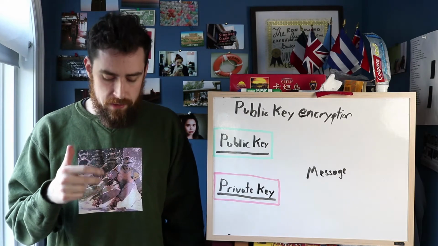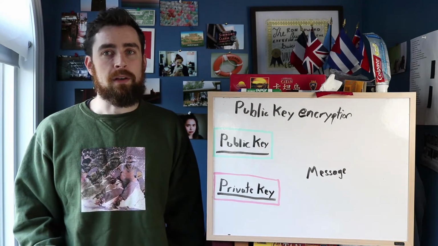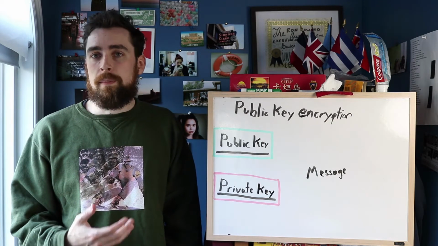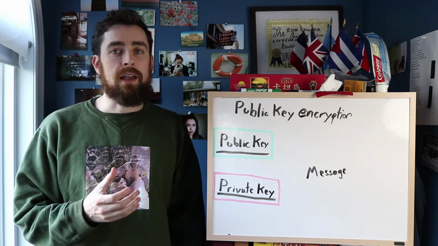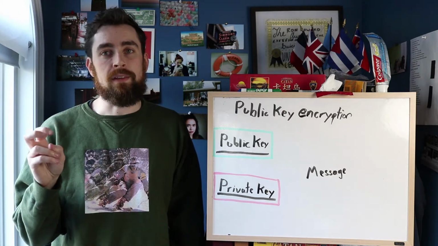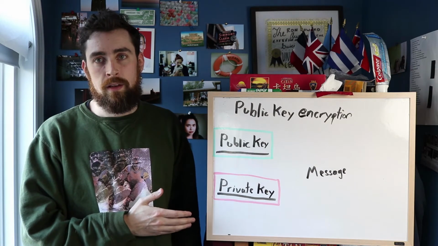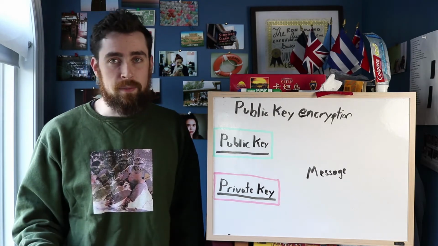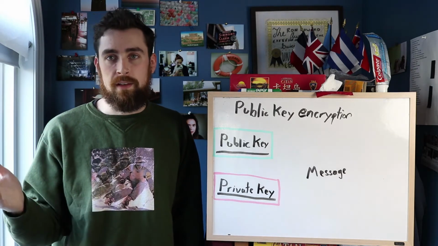So the essential concept of public key cryptography is that you start by taking a random input and you generate a pair of keys, a public key and a private key. The public key, as the name suggests, is public and anyone can see it.